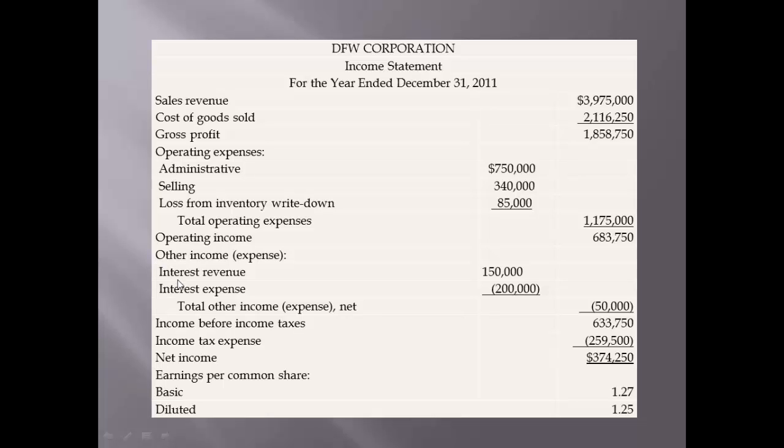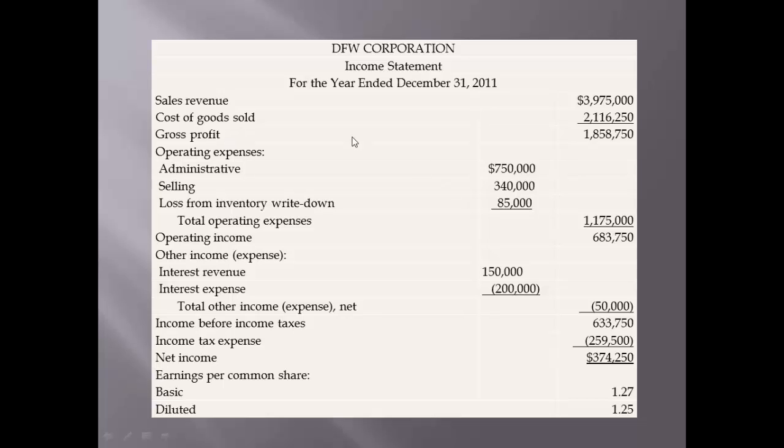So the other income expense category is the non-operating section. Now again, the operating items yield the operating income, and we can describe the operating items as related to the day-to-day business operations of the company.